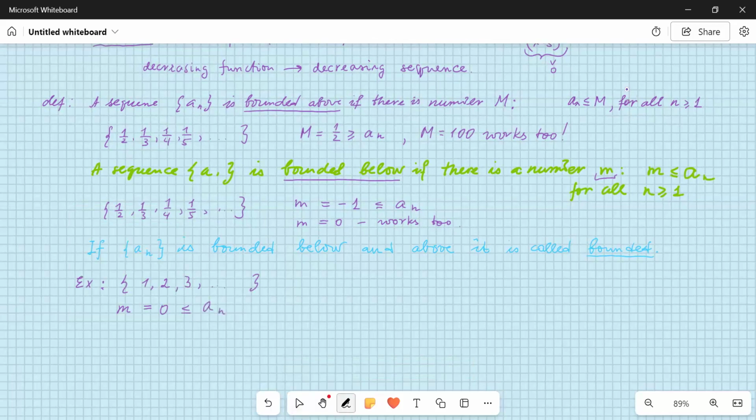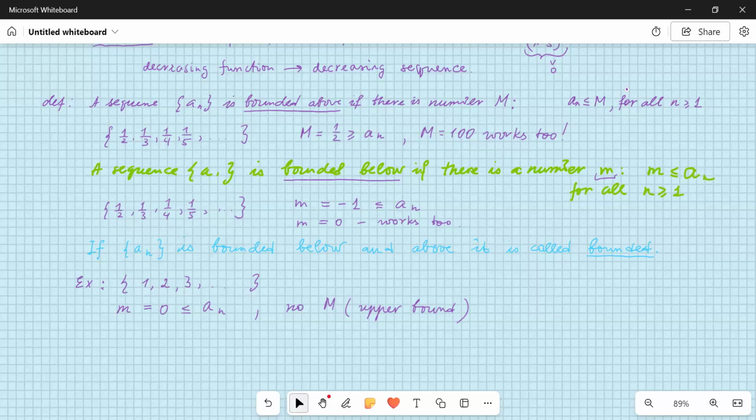But there is no upper bound because the numbers are growing infinitely. There is no big M, no upper bound. So this sequence is bounded only below. There are sequences which can be bounded only above and not below. And there are sequences which are not bounded at all.